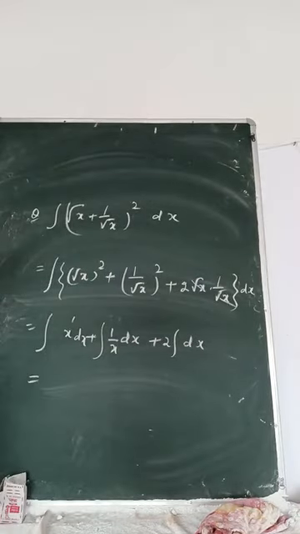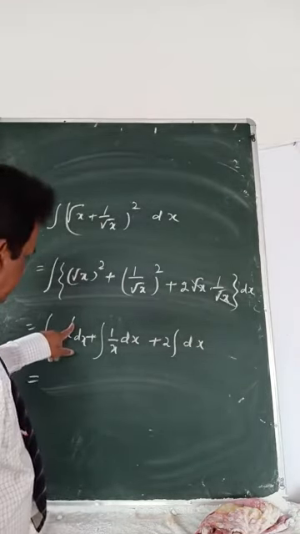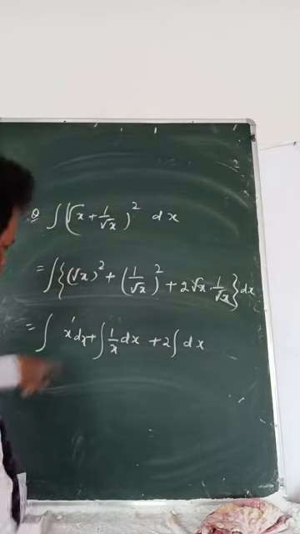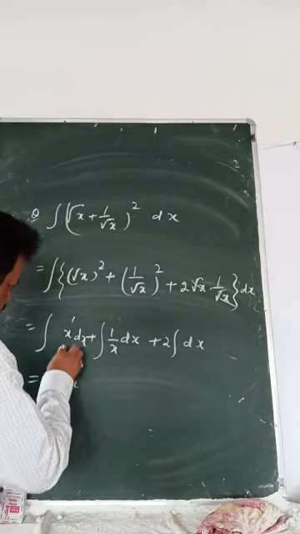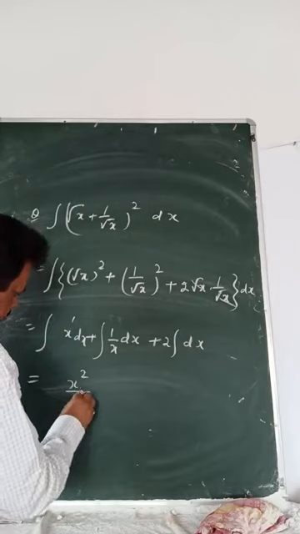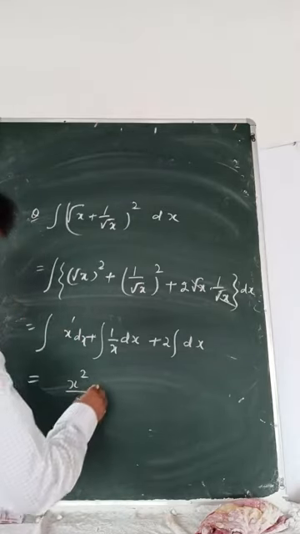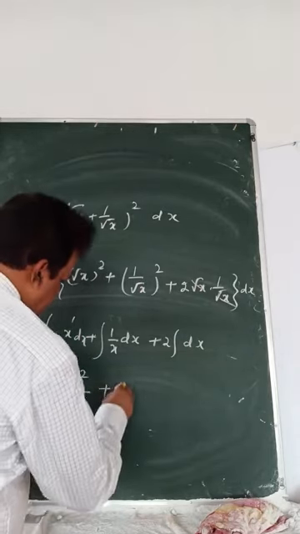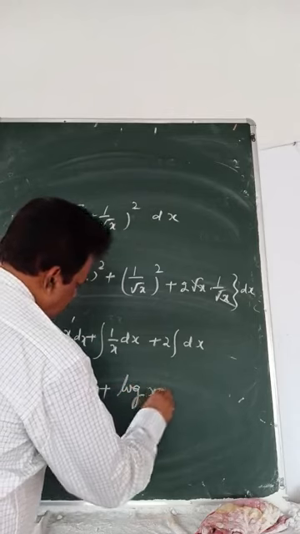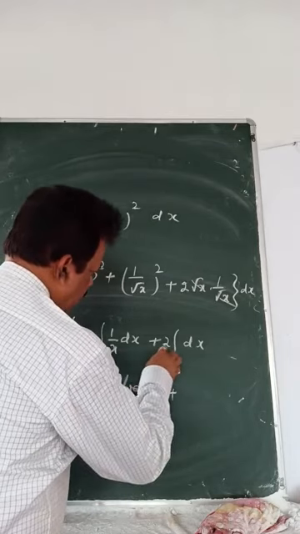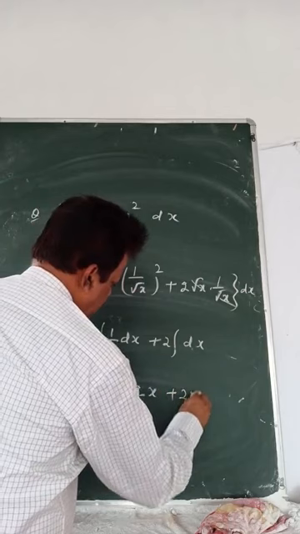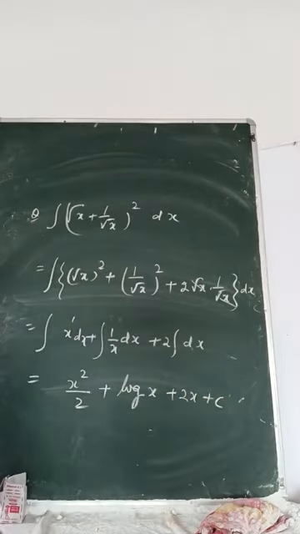X means power is 1, so power is 1 means you are going to use nth formula, that is x to the power 1 plus 1 by 1 plus 1, x square by 2. 1 by x का integration log x, plus 2 dx is x, so 2x, then plus constant of integration. Okay, see similarly some more questions.